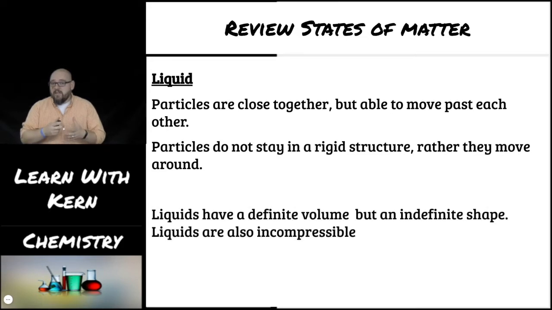And liquids, because of that ability to move around, they have a definite volume, so their volume doesn't change. How much space they take up doesn't change, but they have an indefinite shape. Because the particles can move around, they can then take the shape of whatever container they have. That's what we mean by indefinite, it's not a defined shape. The shape depends on what container it is in.